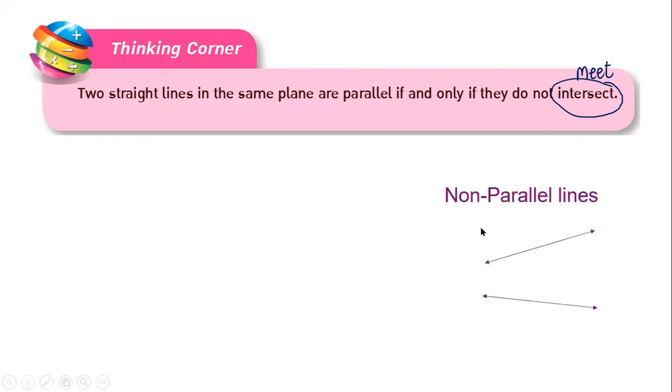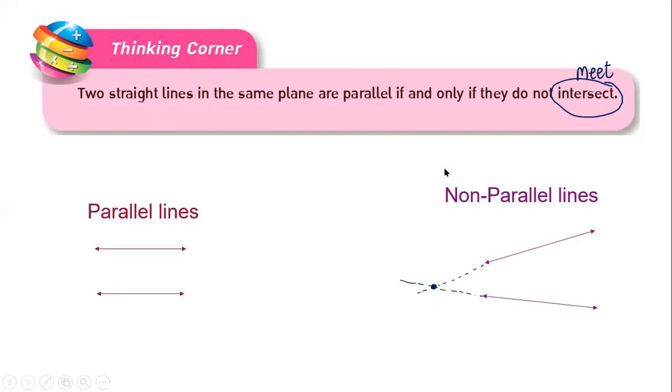For instance, these ones, they are not parallel lines. Why? Because they will meet. If we extend this line and we extend this line, you see they will meet somewhere like here. And if they meet, then it means that these are not parallel lines.